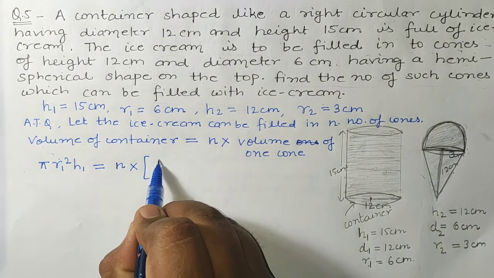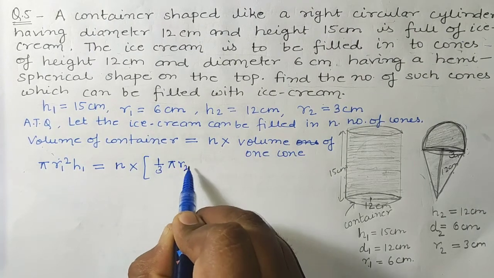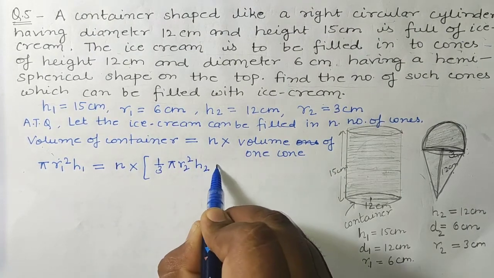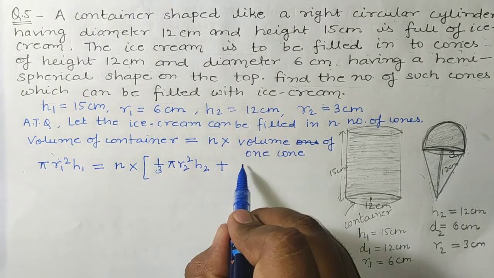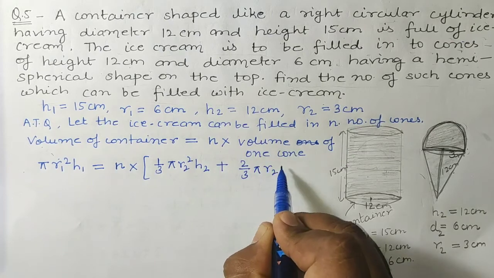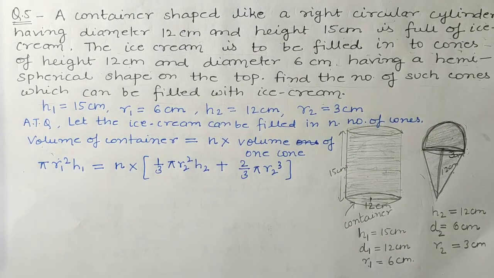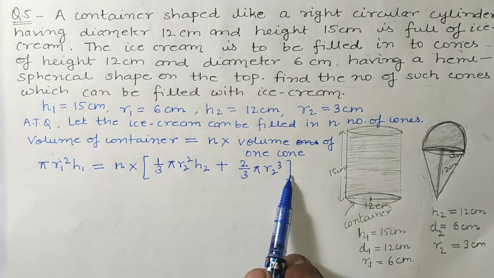The volume of cone is 1 by 3 pi r2 square h2, plus the volume of hemisphere, which is 2 by 3 pi r2 cube.